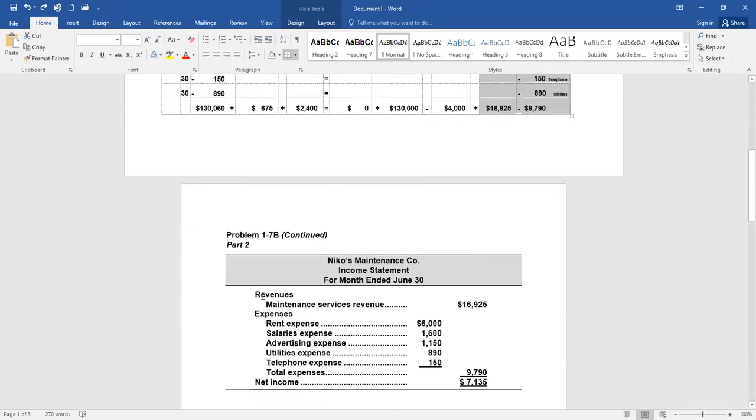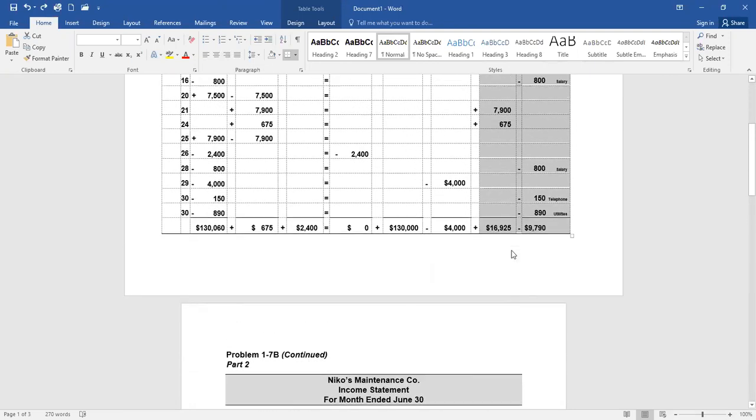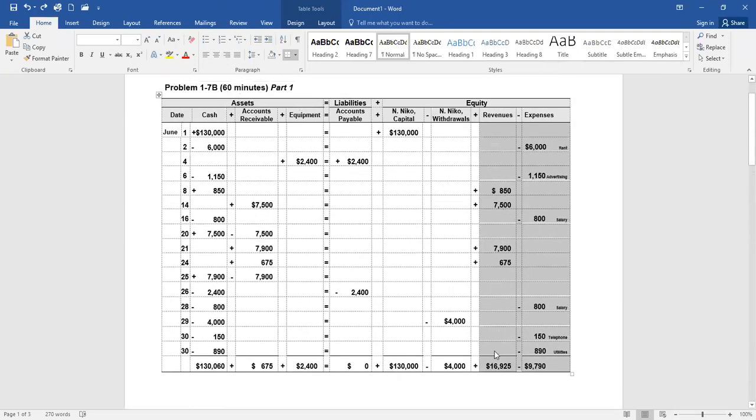So we're going to start with revenues. Our maintenance service revenue, that's what we call our revenue, is $16,925. We only have one source of revenue in this company from completing maintenance services. Now, when it comes to our expenses, we have a few different ones.